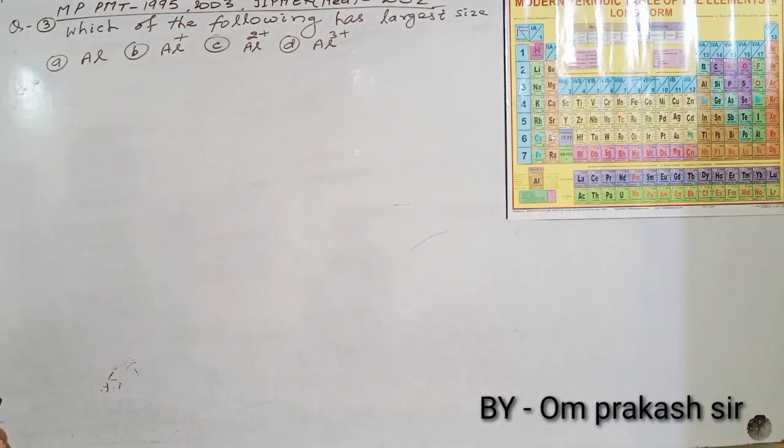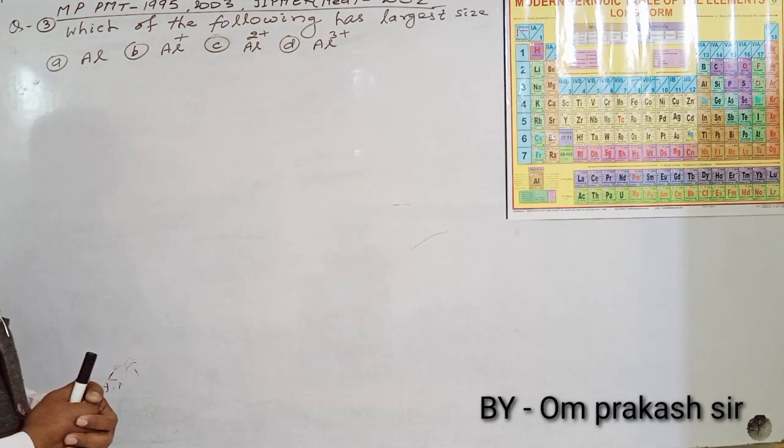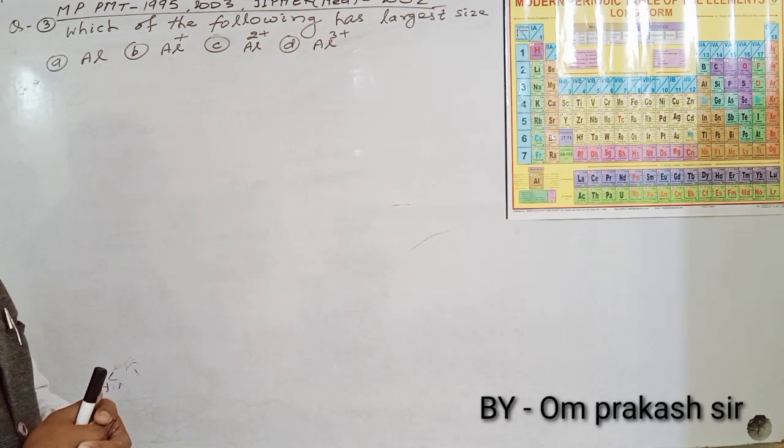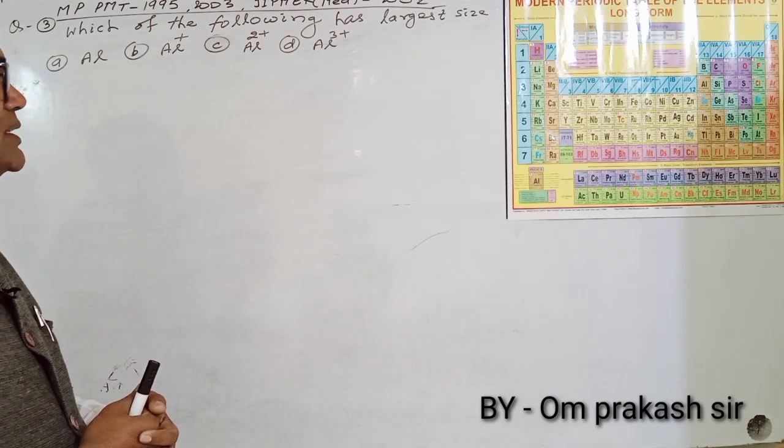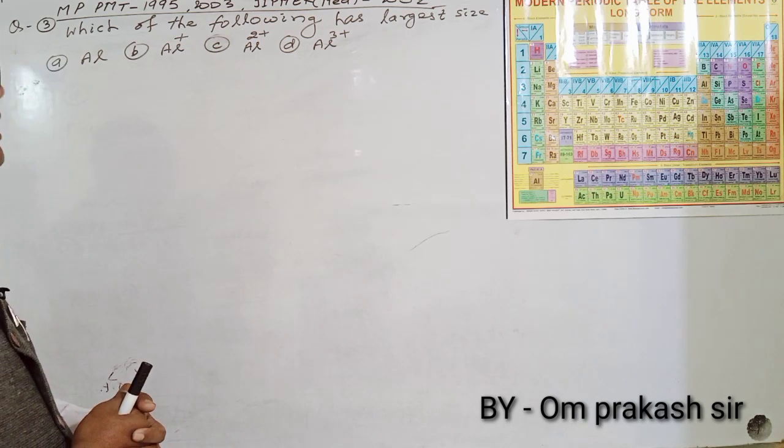Option A is aluminum. Option B is aluminum 1 positive charge. Option C is aluminum 2 positive charge. And option D is aluminum 3 positive charge, which are called aluminum ions.